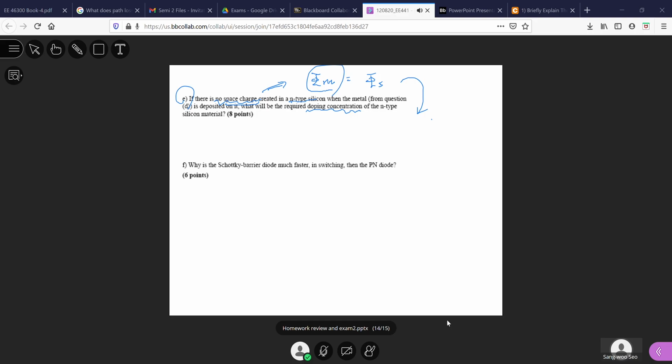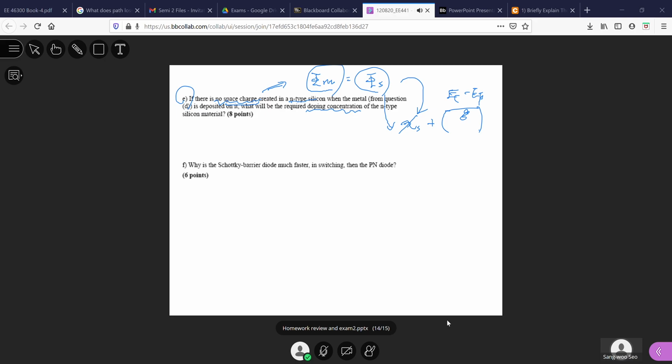Okay. And then the semiconductor work function is related to the electron affinity plus, the same way, EC minus EF, this potential difference. Okay.